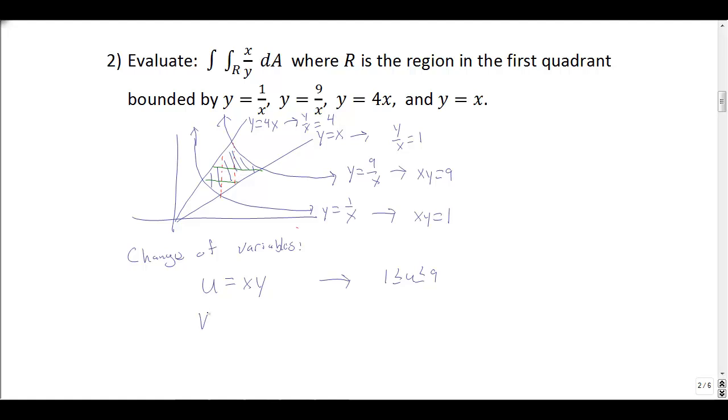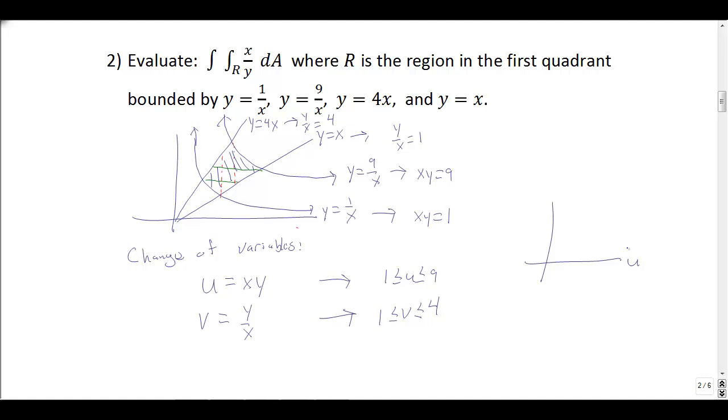So I'm going to let v equal y over x, and then my line bounds really go from v equals 1 to v equals 4. So those are my bounds there. So that's my setup.